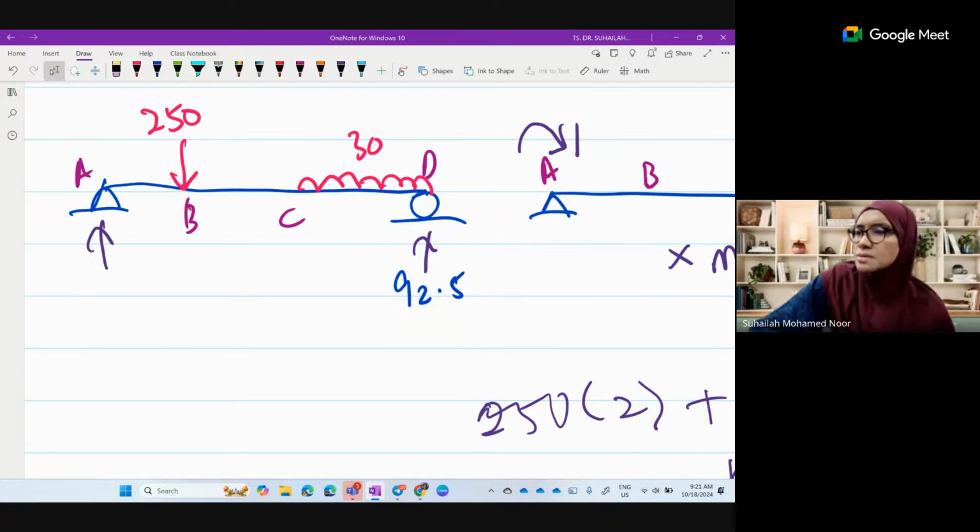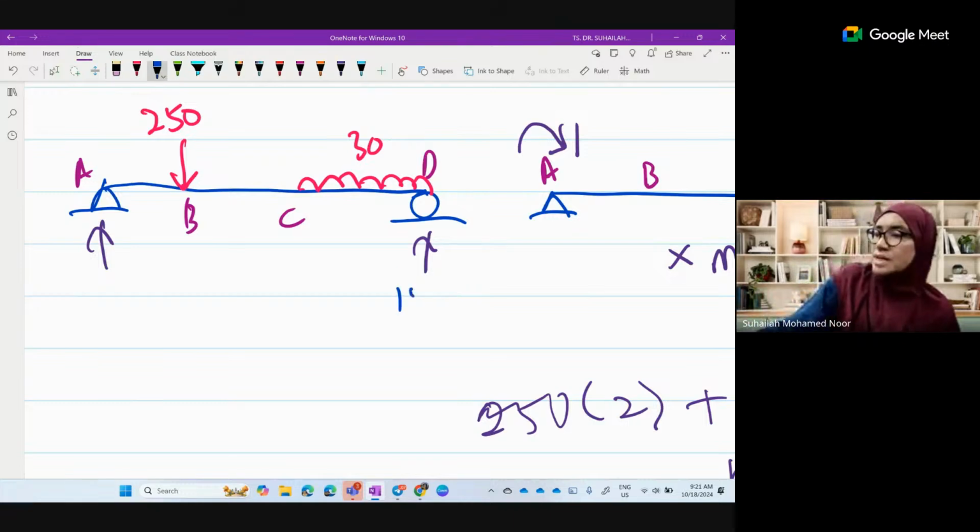Betul ke? Okay, so AY? Betul tak? 250 plus 120 minus 92.5. AY. Berapa nilai AY?